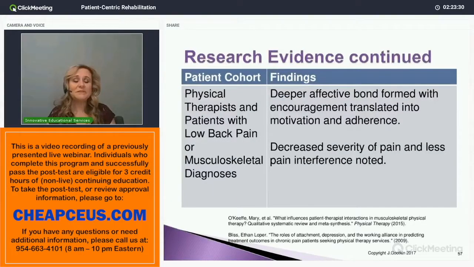Looking at physical therapists and patients with low back pain and other musculoskeletal diagnoses, the patients felt that when the therapist cared about them and they had a strong therapeutic alliance, they wanted to improve for themselves as well as that therapist. They again looked at chronic pain patients, and they found that increased patient satisfaction scales correlated with decreased pain interference and less of an impact on their function.